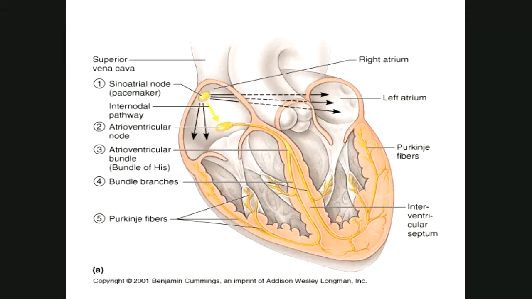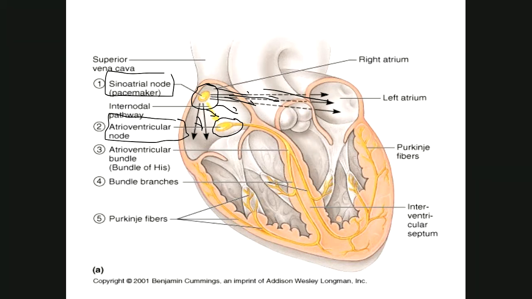So what's going to happen next is this action potential, which spread over the atria, is going to be picked up by this. And that's another node of tissue. Remember, this was the SA node. This one is the AV node or atrioventricular node.